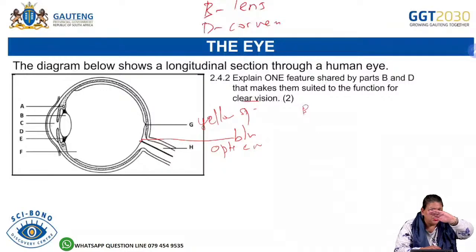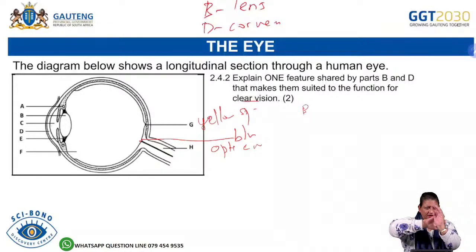And when everything is convex, remember, explain, statement and reason, or cause and effect. If the lens is convex, remember the lens is convex like this. Curved on this side, curved on that side. So if my lens is convex, even my cornea is convex. So both are convex. And what does convexity do in the eye?